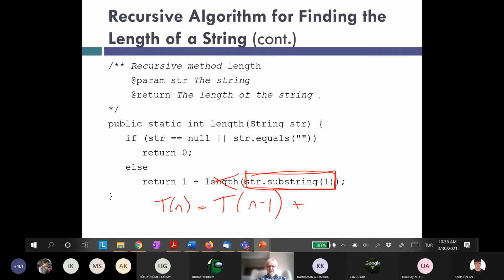I have a string in some memory location. When I make this call to the substring method, what happens? There is no shifting or anything. We do not insert anything. We do not delete anything.